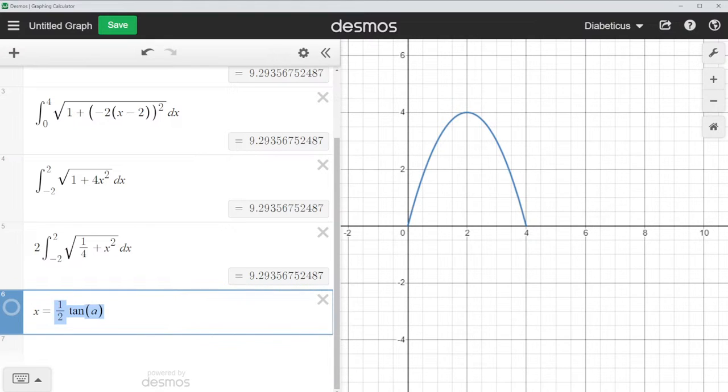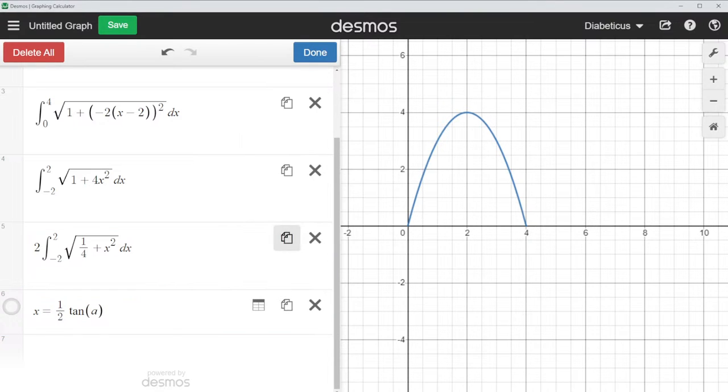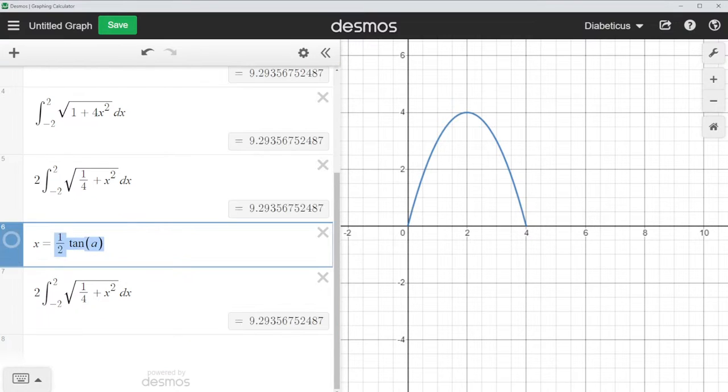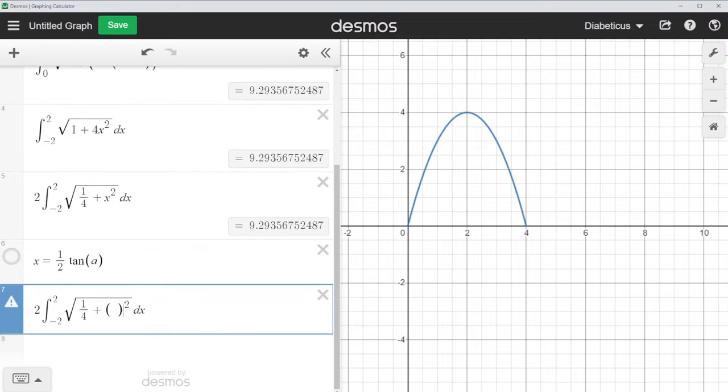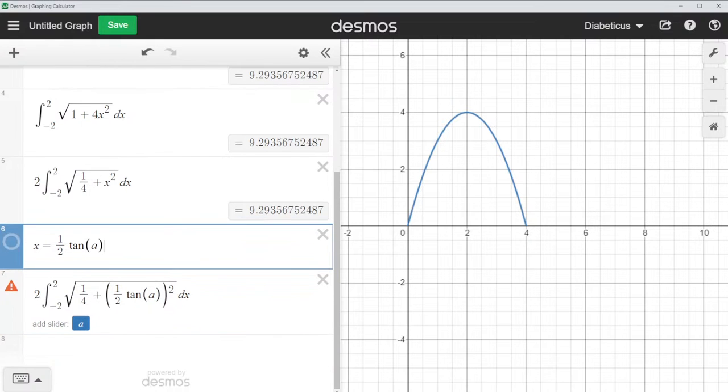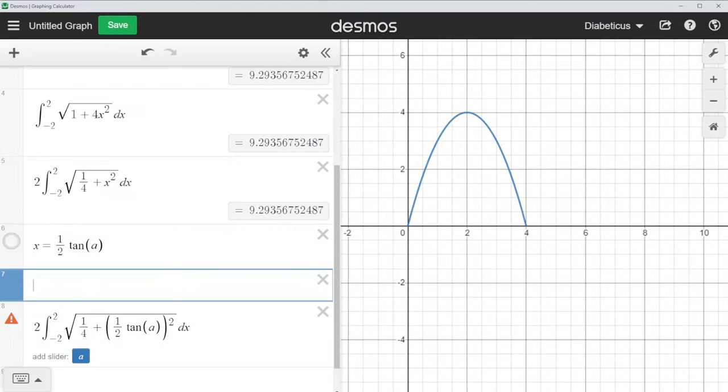And you do some sort of chain rule for this, if you know what chain rule is. If not, then sorry. And you replace this entire expression with the x. Now you notice that the dx is incompatible with the a here, so we need to find the dx, differentiate.